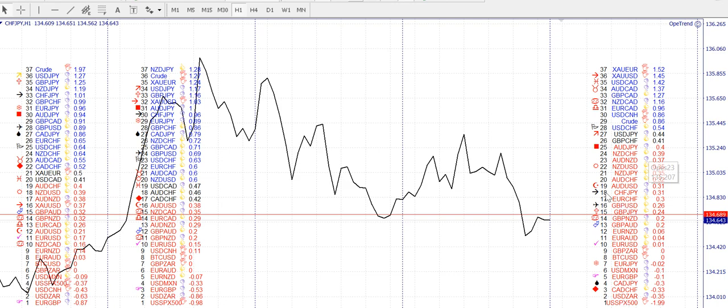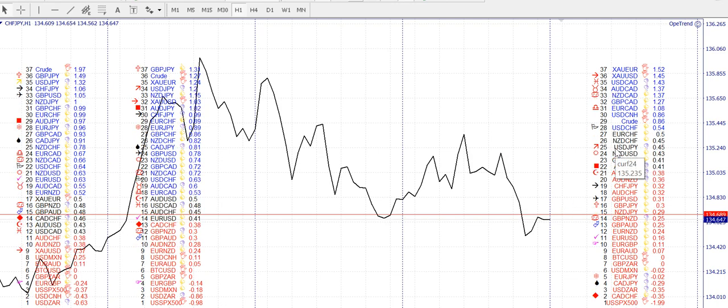So we need this one to give us a signal. Then we need these two to corroborate the signal. Corroborate in what form? Let's talk about USDJPY. I have to look for USDJPY. By the way, I have these symbols on the left hand side.